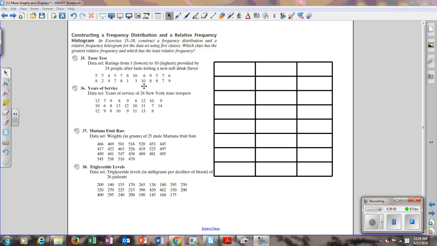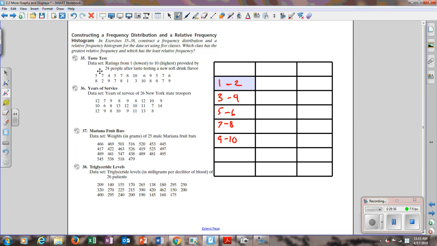So we do 10 minus 1. It says we're going to use 5 classes, so that's 9 divided by 5. So it gives us about 2. So you're going to start at 1, 3, 5, 7, 9. It's going to be 1 to 2, 3 to 4, 5 to 6, 7 to 8, and 9 to 10.